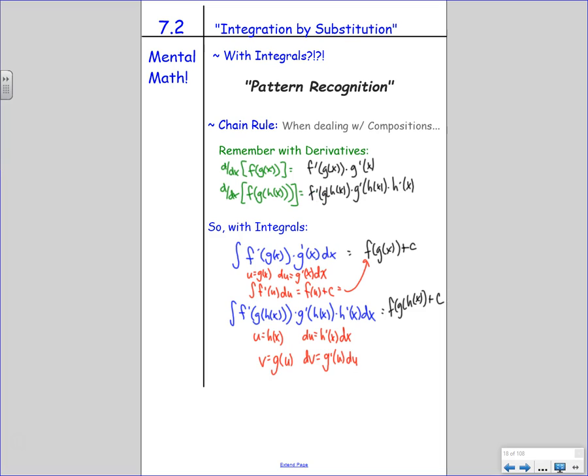So then we could go ahead and substitute and have the integral of f prime of v, ultimately, dv.